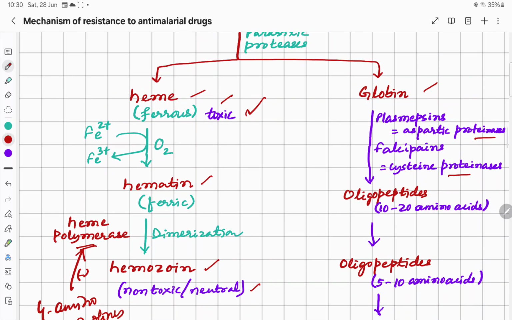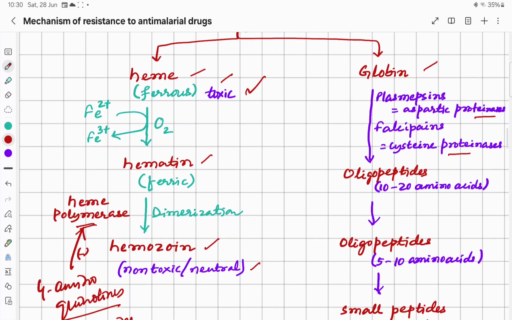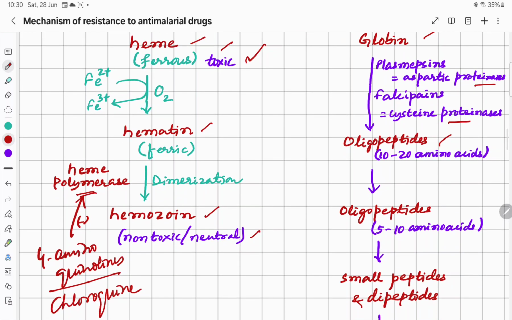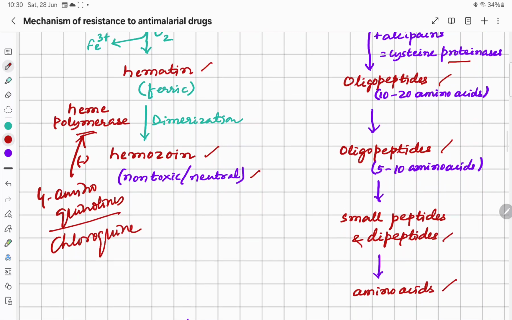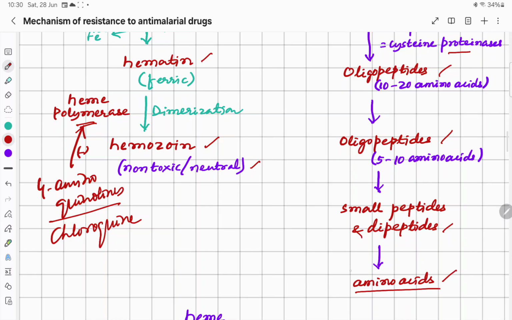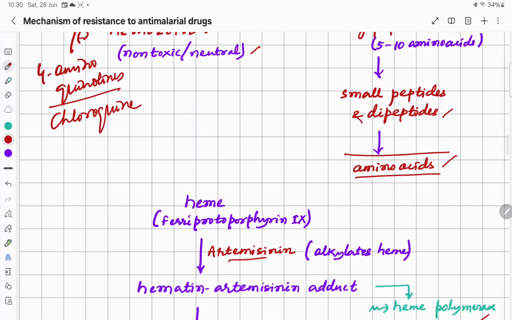And globin is used as food by the parasite, and globin is degraded by the proteinases, the Plasmodium aspartic proteinase and the falciparum cysteine proteinase, which convert globin into 10 to 20 amino acid oligopeptides. Then they are further degraded to 5 to 10 amino acid oligopeptides, then into dipeptides and small peptides, and finally amino acids. And these amino acids are used by the malarial parasite for the synthesis of proteins.